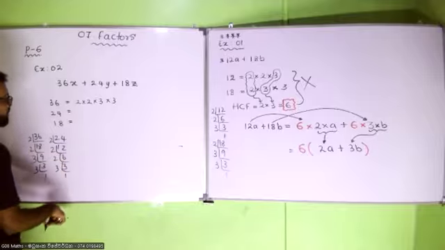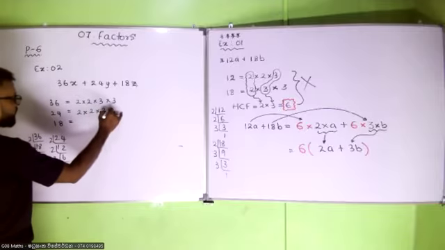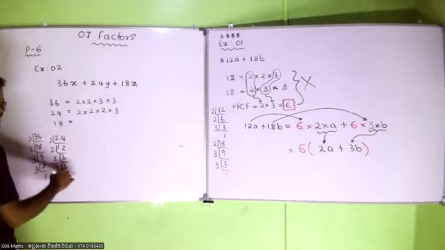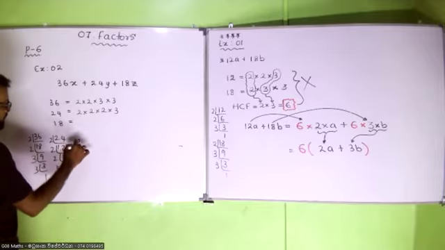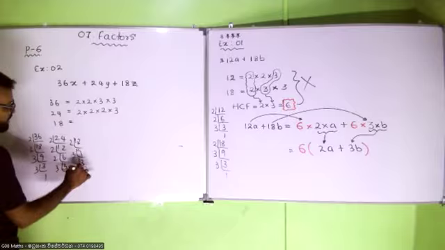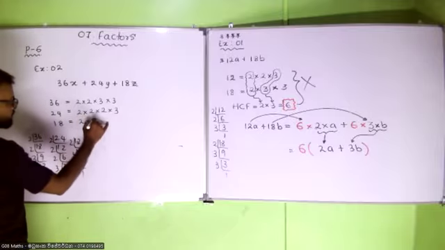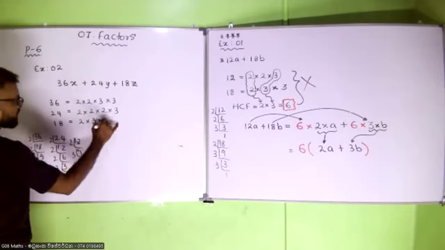So 2 times 2 times 2 times 3. Then 18: 2 times 9, 3 times 3. So 2 times 3 times 3. I am doing it faster.